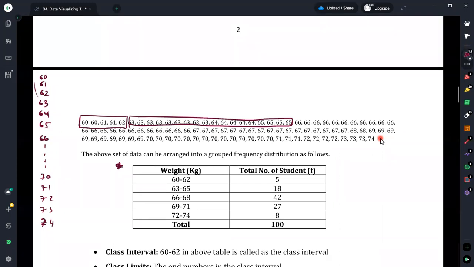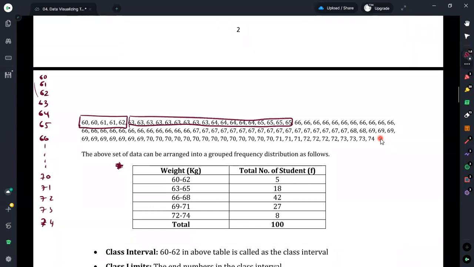If you use an ungrouped data distribution for a set of data like this, you will get a very lengthy table.